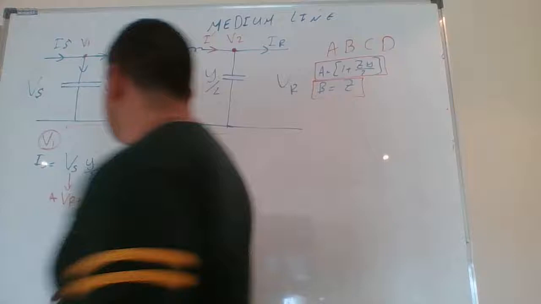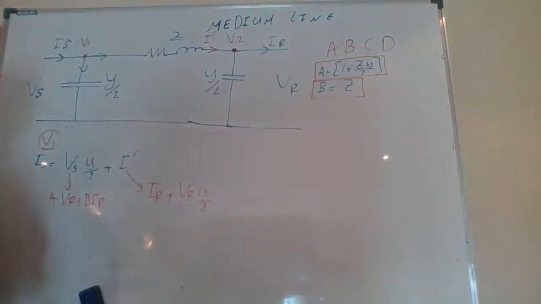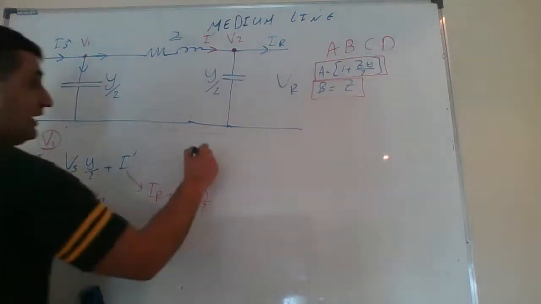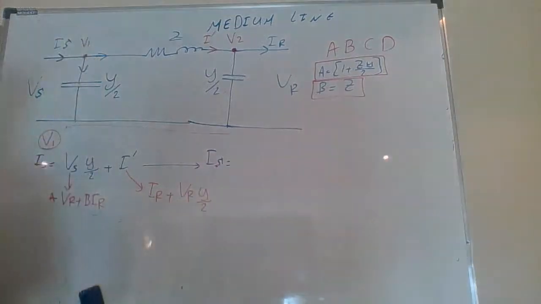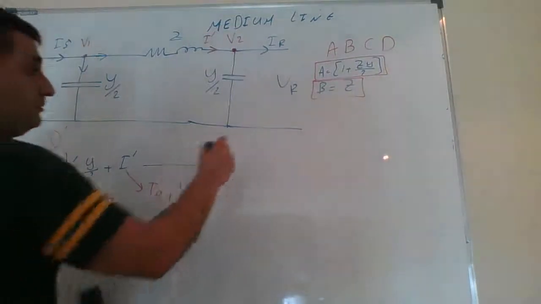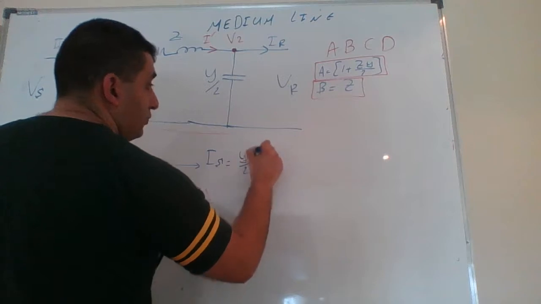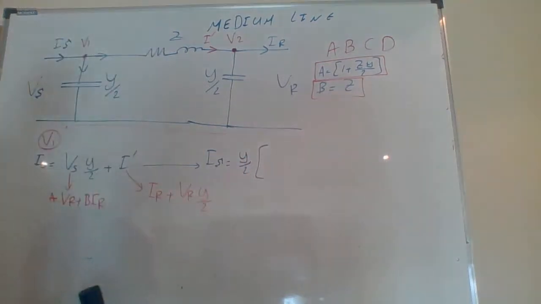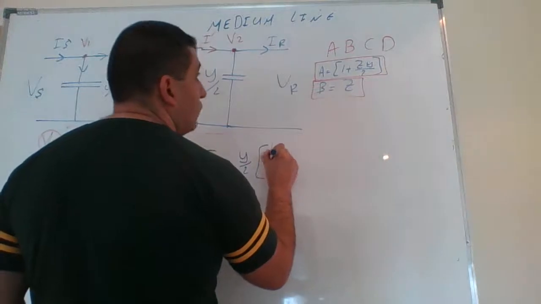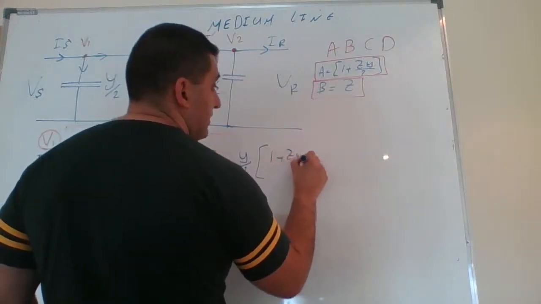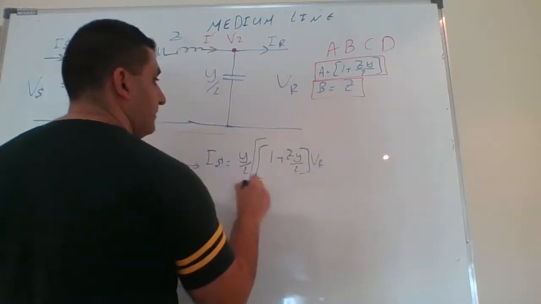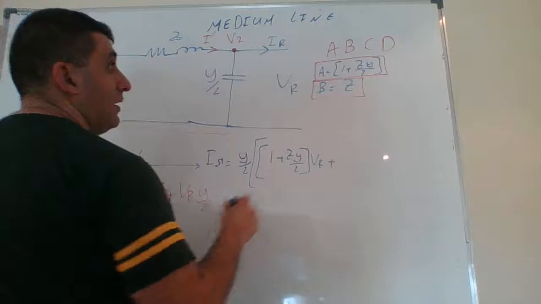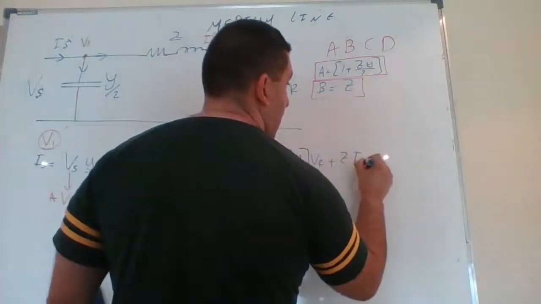Okay, let's put things together in perspective. Now I have IS from this one. I have IS equal to Y over 2 multiplied by VS. VS is A, it's equal to 1 plus ZY over 2 VR, plus B IR, which is Z IR.